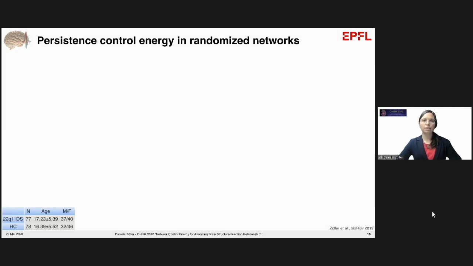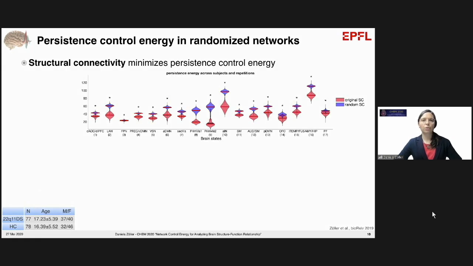And in the first analysis, we wanted to see how this persistence control energy on real structural brain networks compares to randomized networks. And what we found is that in any of the 17 states that we look at, so this is on the x-axis here, the persistence control energy on the original structural connectivity matrices is always lower than on randomized brain networks.